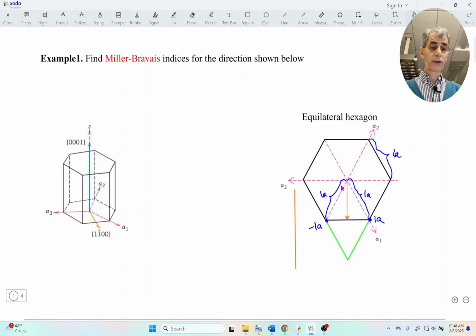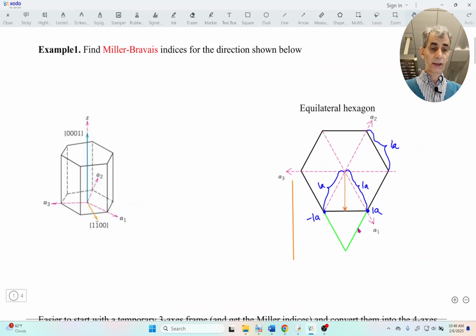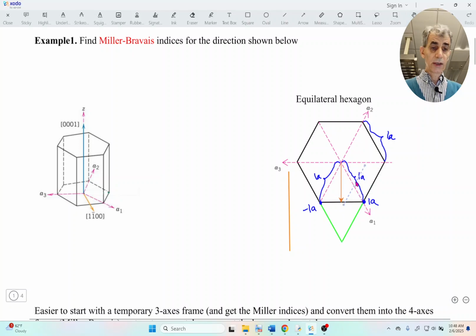When we solve, we draw from that point parallels to the axes to see what the coordinate along A1 is for this vector, for this direction. If I draw that parallel, we can see that if this is one unit, 1a, this coordinate will be half of that.